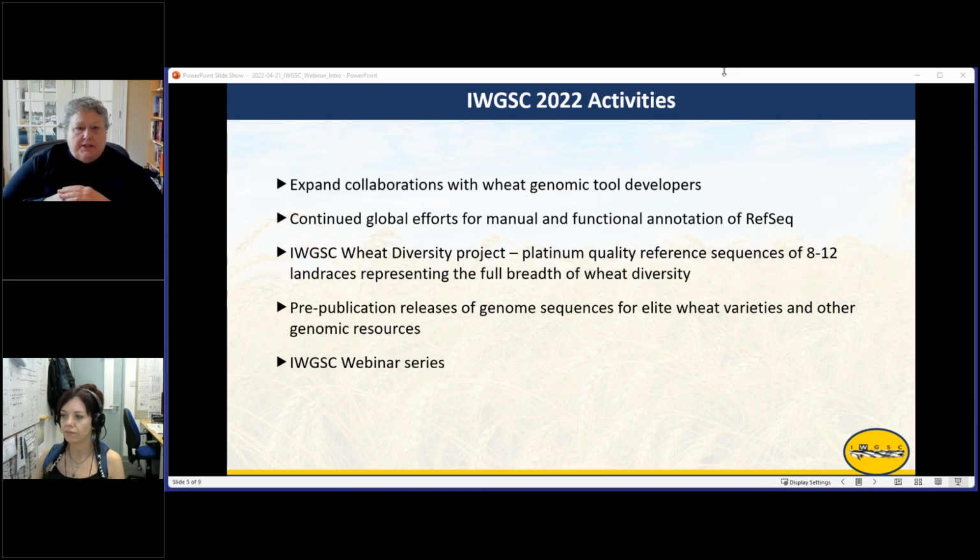We're also continuing our efforts to obtain platinum quality reference sequences of 8 to 12 landraces that represent the full breadth of wheat diversity. We've secured some funding for that, and we'll be moving forward to secure the remaining funding. We also encourage anyone who is developing genome sequences to provide these in a pre-publication release under the Toronto protocols for access, and we can do that through the IWGSC sequence repository.